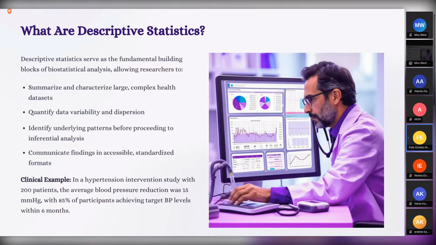So what are descriptive statistics? Basically, they are used to summarize the characteristics of a data. You are very much aware that the beginning of a data collection process or a research process involves you creating some form of a hypothesis.